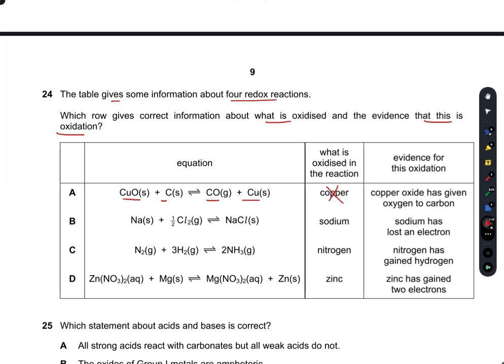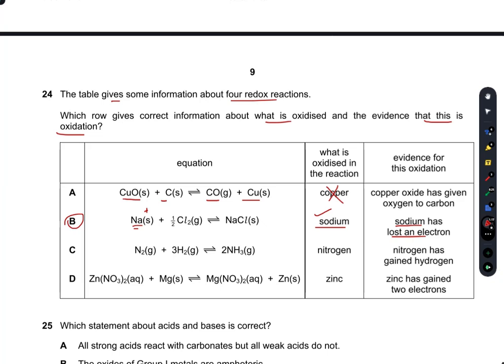In B, Na to Na positive plus half chlorine to produce NaCl. What is oxidized here? Sodium loses electrons, so it is oxidized. So B is oxidation.